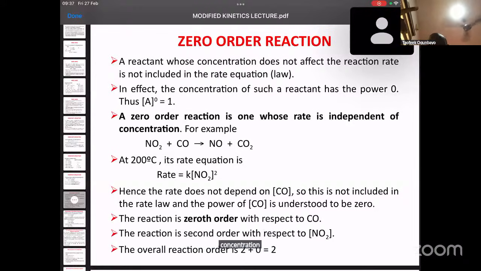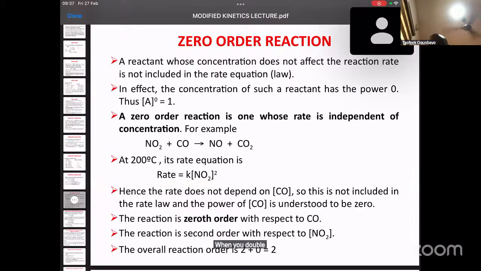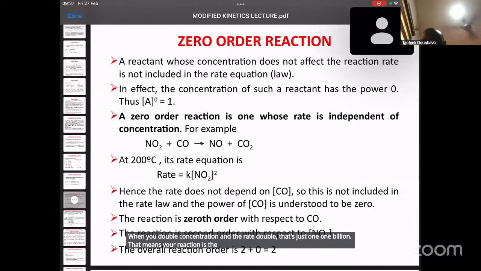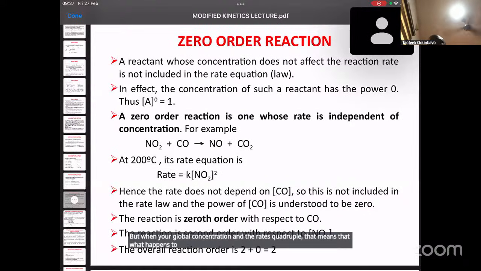Remember, you double concentration, the rate didn't just double, it quadrupled. When you double concentration and the rate doubles, that's just 1, really. That means your reaction is a first order reaction. But when you double concentration and the rate quadruples, that makes it a second order reaction, and so on.